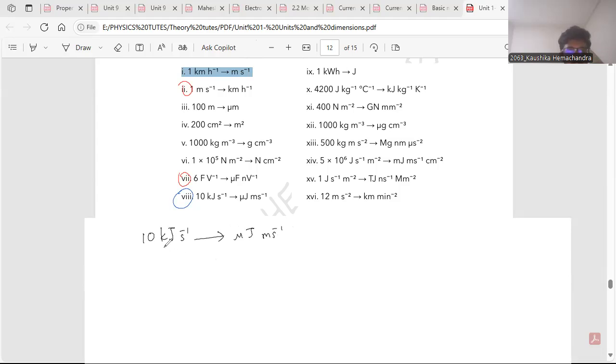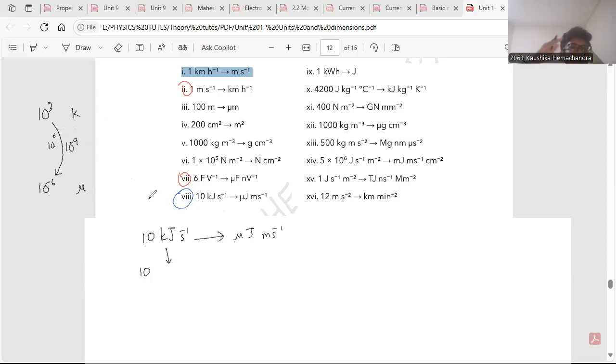Right? 10 kilojoule to microjoule. Kilo is 10 to the power 3. Micro is 10 to the power minus 6. So from here to here, you have how much? You have 10 to the power 9, no? You have 10 to the power 3 to 10 to the power 0, 10 to the power 0 to 10 to the power minus 6.